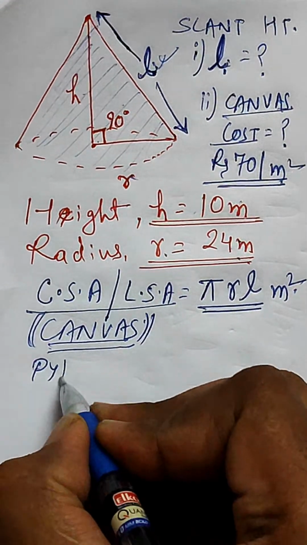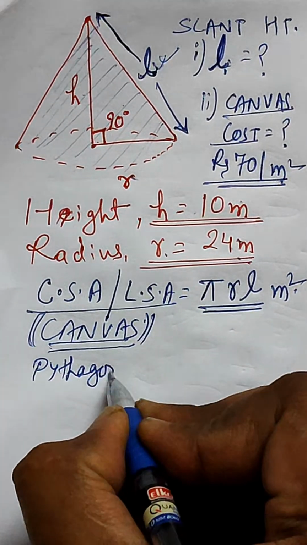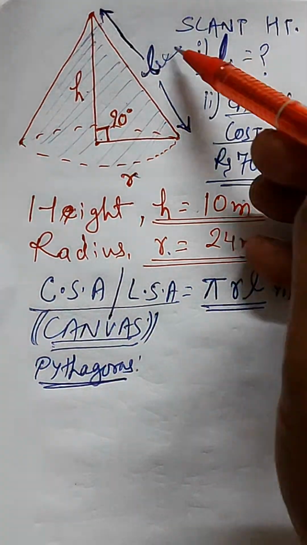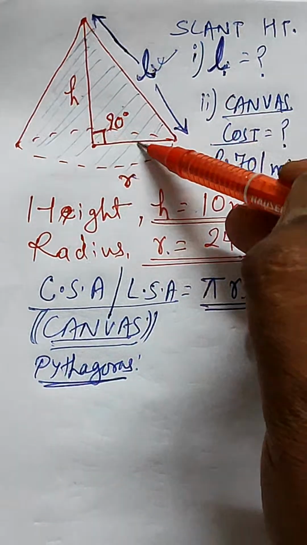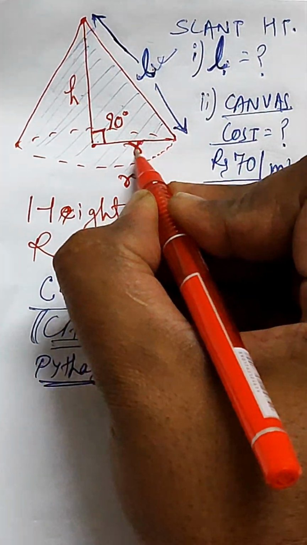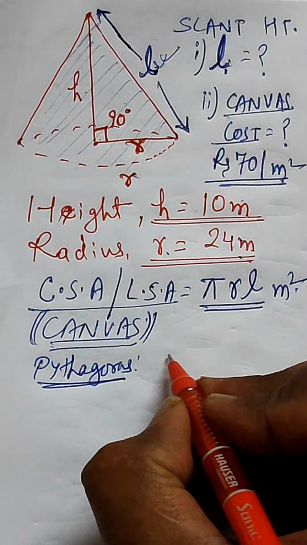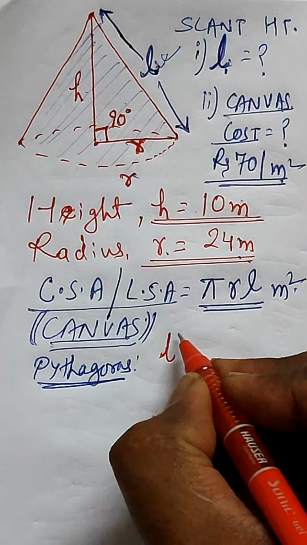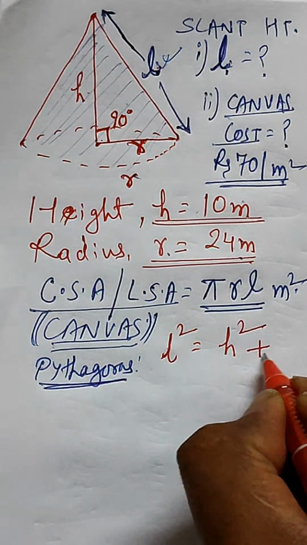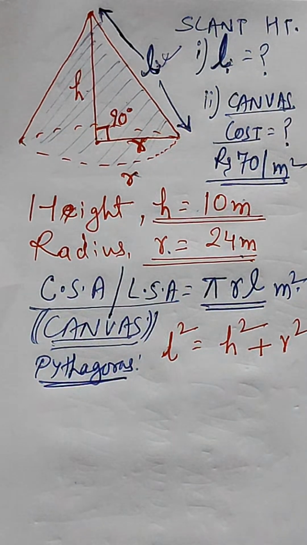So by Pythagoras, can't we say that L square equals H square plus R square? This is R. So we can write L square is equal to H square plus R square.